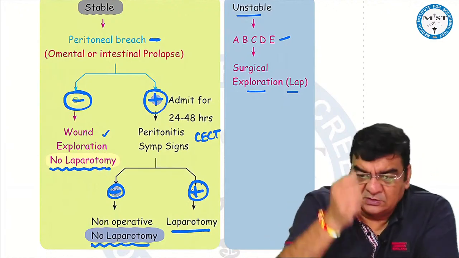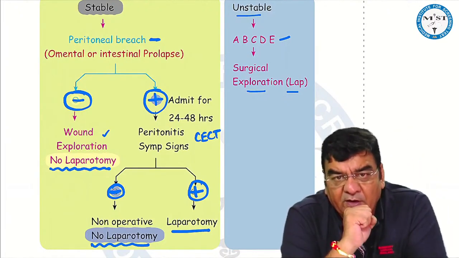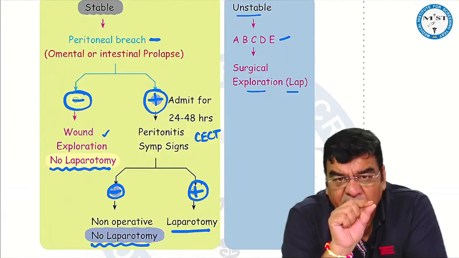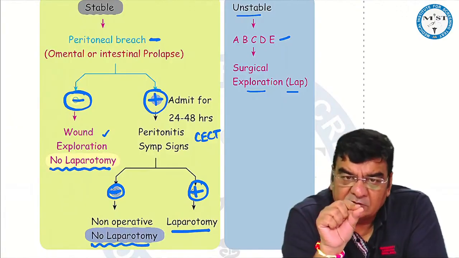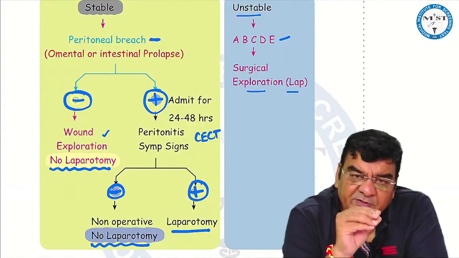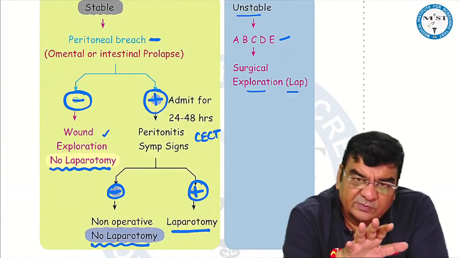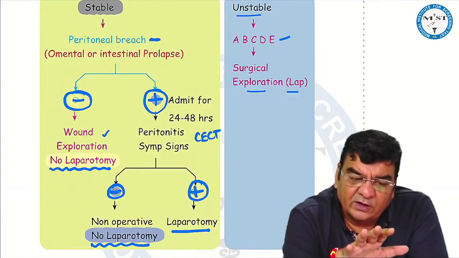But suppose the knife has breached the peritoneum and has gone into the peritoneal cavity, it might have caused some small mesenteric tear or maybe intestinal perforation, but the patient is stable. If it is just a small mesenteric tear, the bleeding is going to stop. You just observe this patient in the hospital for 24 to 48 hours.